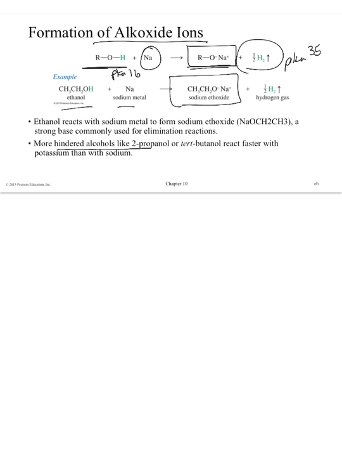More hindered alcohols like 2-propanol or tert-butanol, and you add the metal, sodium, react faster with potassium than sodium. So that's why typically you end up getting potassium tert-butoxide for these substituted alcohols.